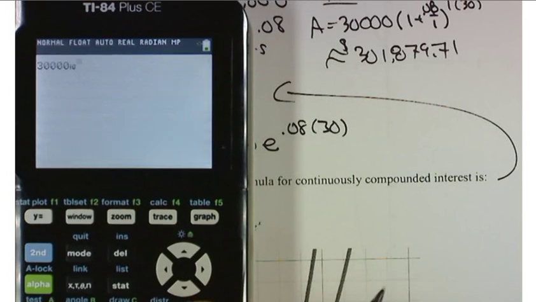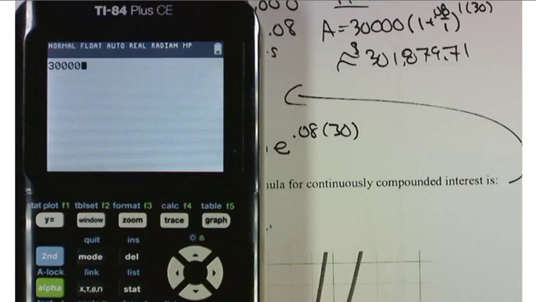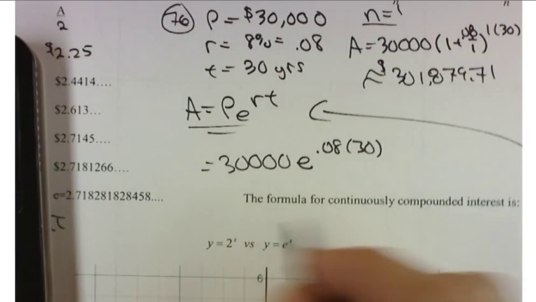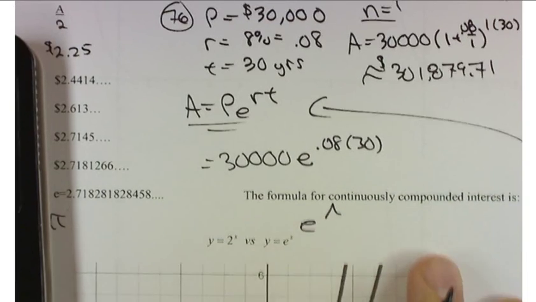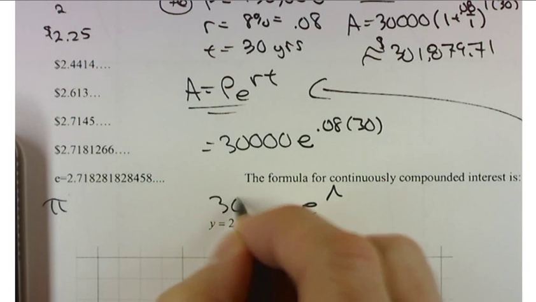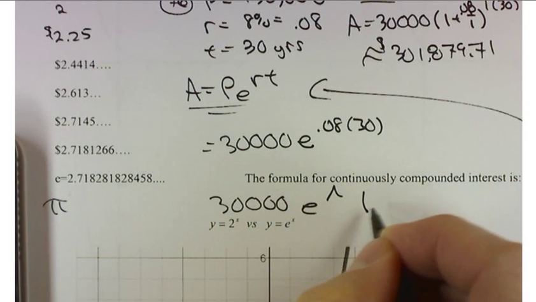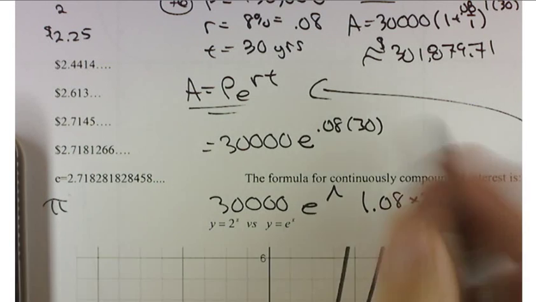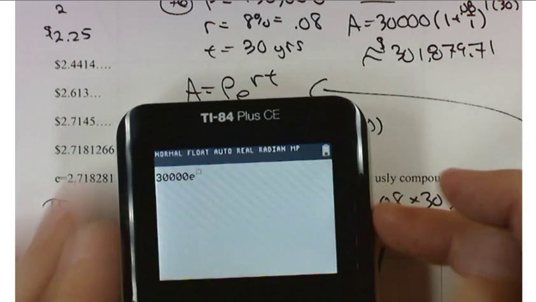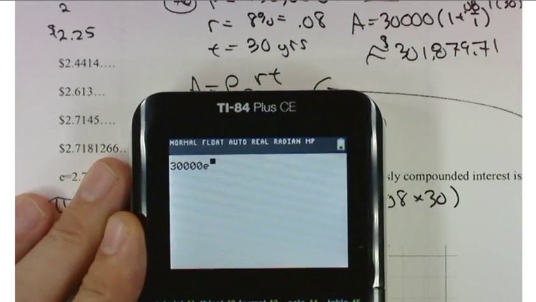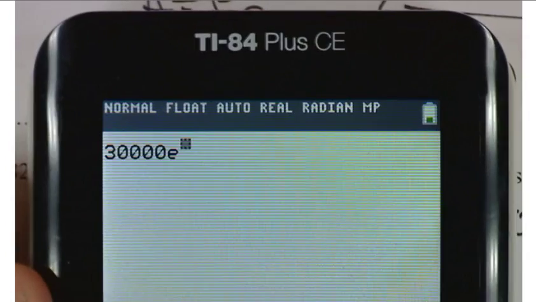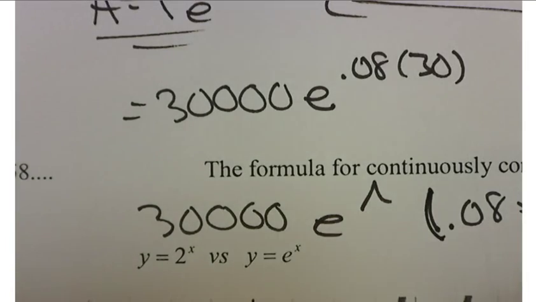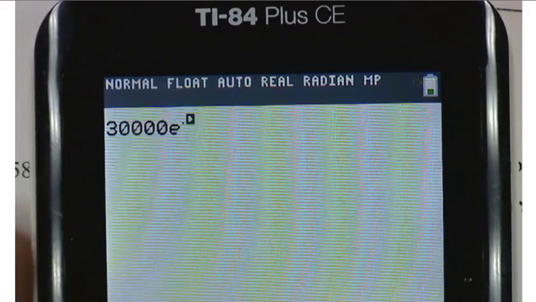When you hit the second key and the ln key, if it gives you e to some power, then you need to type in a left parenthesis, 0.08 times 30. If not, then you're lucky, your calculator's up to date. You just type in 0.08 times 30 up in the exponent. But if you get this little caret, then you have to use the parentheses here. So 0.08 times 30.